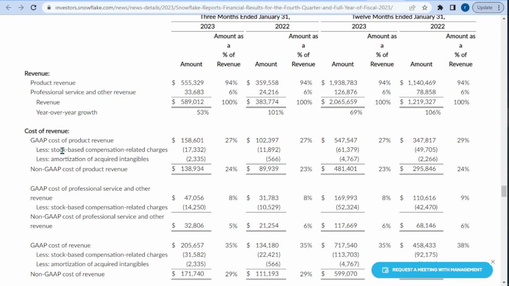Here we see stock-based compensation, and this is the first time we're seeing it. Now, we see it again. Right here, we see GAAP cost of professional services and other revenue. Now we see stock-based compensation again, another stock-based compensation line item. And then GAAP cost of revenue, less stock-based compensation related charges. So here we go, we see this again.